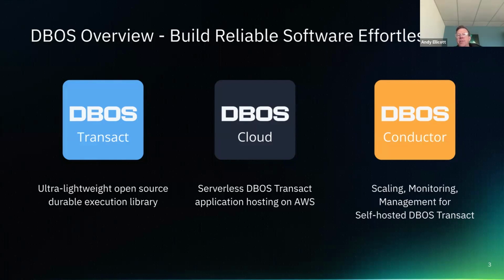So the DBOS platform includes three main components. Number one, DBOS Transact, which is a lightweight library for building durable applications. It's available for Python and TypeScript, and you can run those applications anywhere. The only requirement is a connection to a Postgres compatible database in which the library will store the state of your application or workflows as they're executing, so their progress can be resumed after an interruption or a failure.